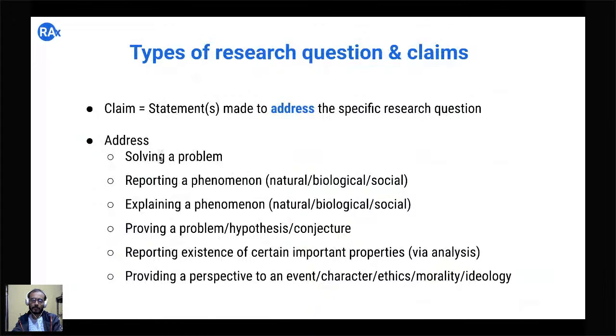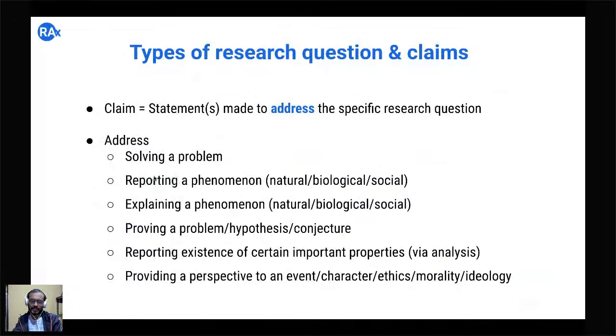There are 6 types of addressing. One is that you solve a problem, which means your research question is a problem and your address is solving. Or your research question is a phenomena, and that can be a natural phenomena, biological phenomena, a social phenomena, and you're reporting that phenomena.